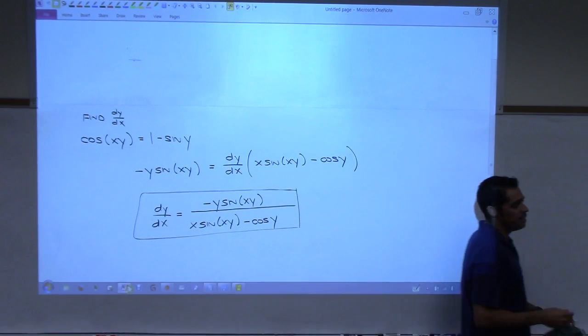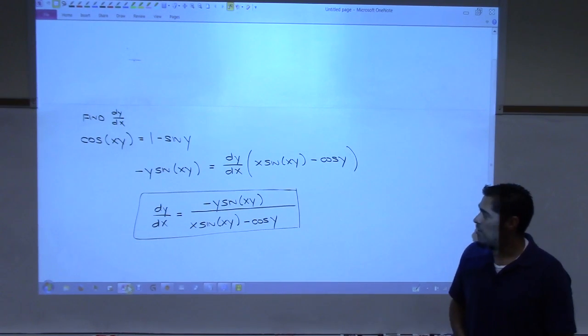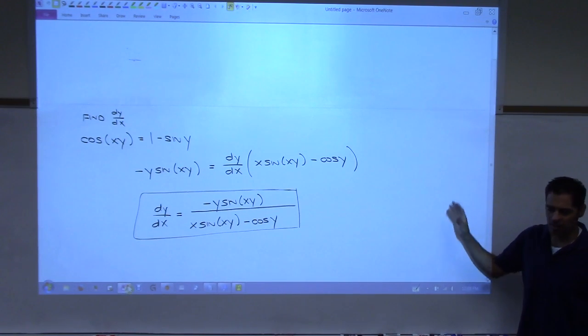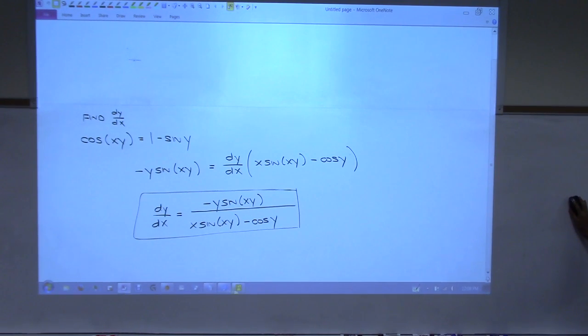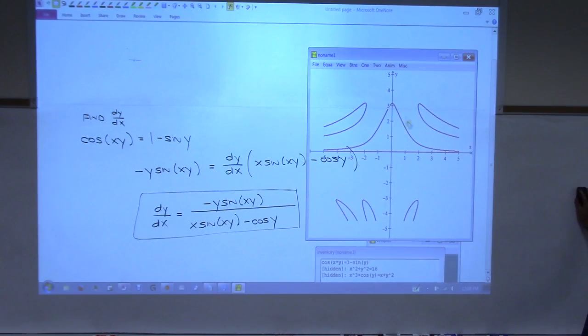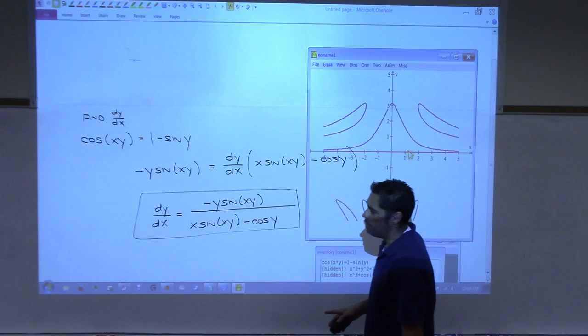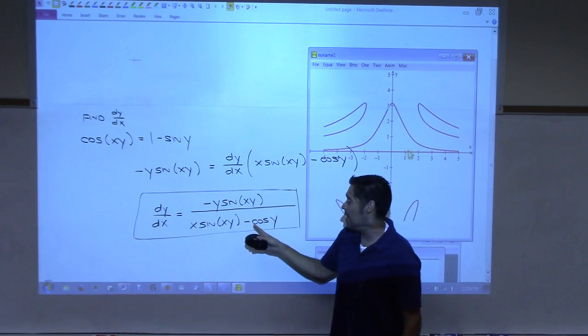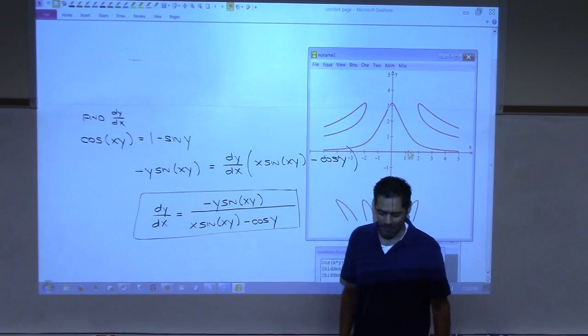And as expected, to know the derivative, the slope of tangent line on that big ugly, well, it was actually kind of not ugly, right? It was a semi-attractive looking graph, right? If I want to know the slope of tangent line somewhere on there, you're going to have to give me an x and a y, and then I'll have to plug it into this, and I'll tell you what the slope is.